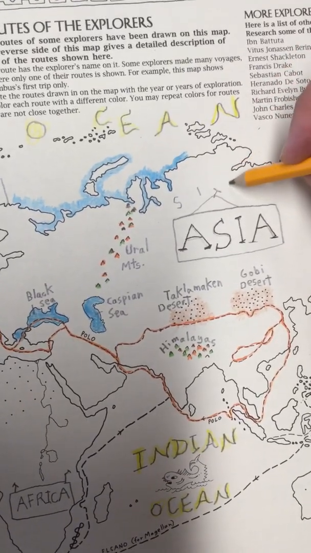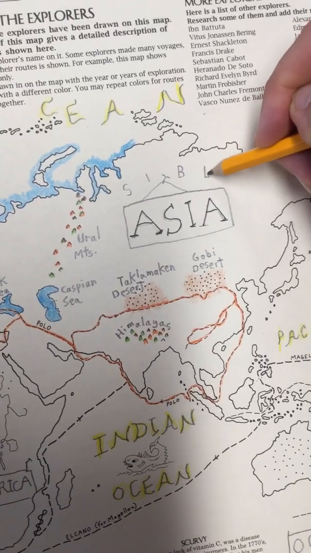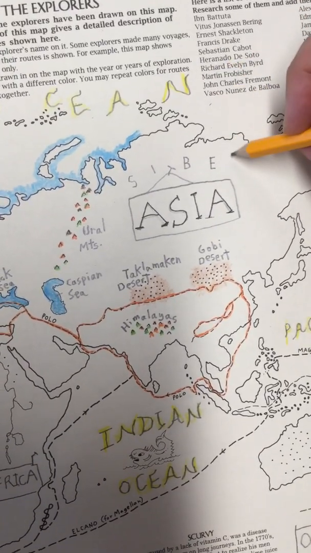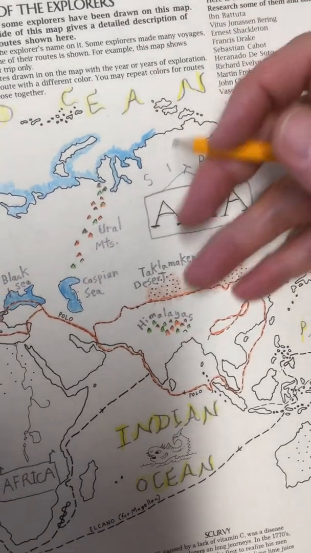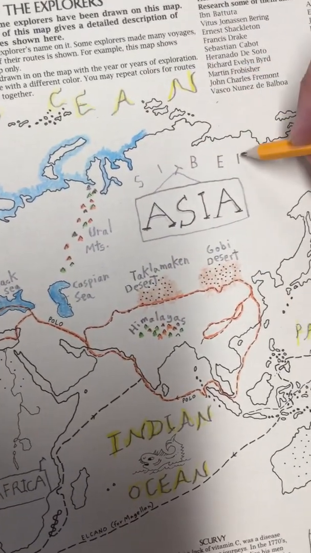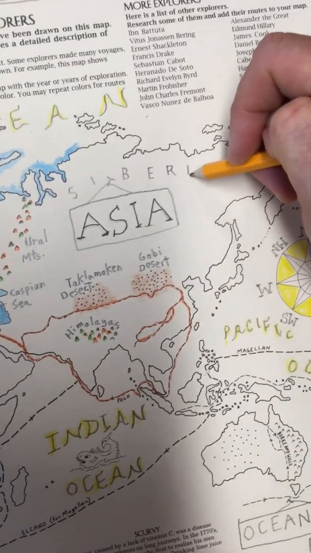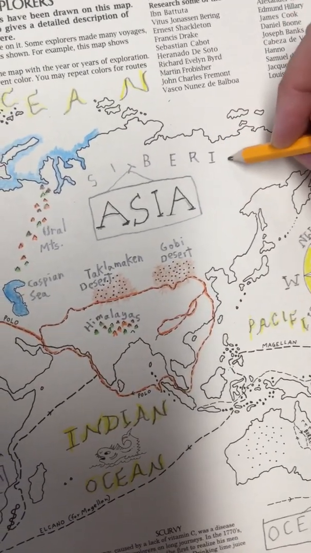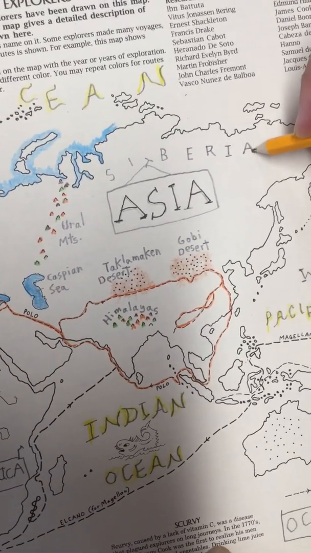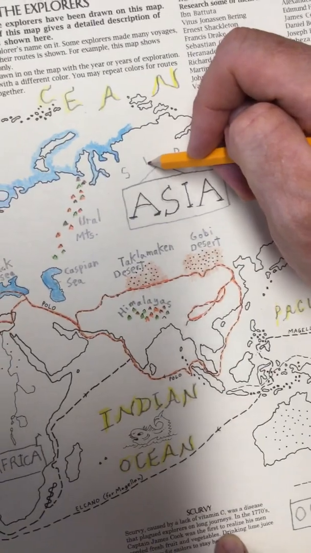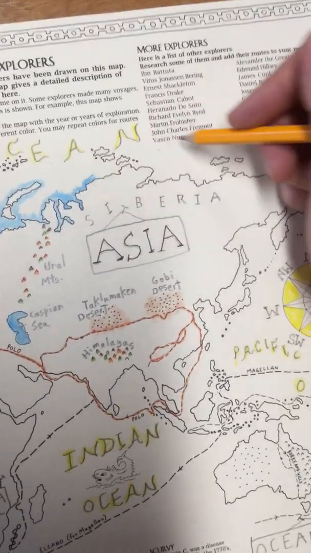This is not listed in your list of activities, but I think it'd be nice to put it. When I was researching the deserts, they said some of that cold air from Siberia tends to make these deserts cold. Okay, so excellent, Siberia. And we've done a little bit of the coastline along Siberia.